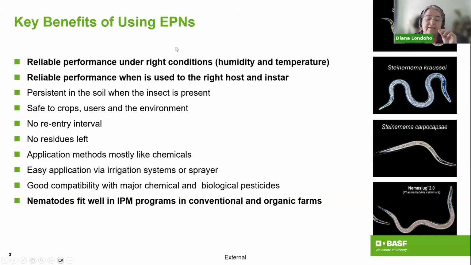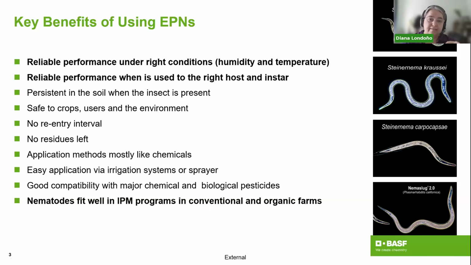So there are important things that you have to keep in mind when you're going to choose a nematode. They work very well in the right conditions, so you have to think about the humidity. I'm going to show some examples and also discuss the temperature that is good for these different nematodes. And also keep in mind that these nematodes have different behaviors.